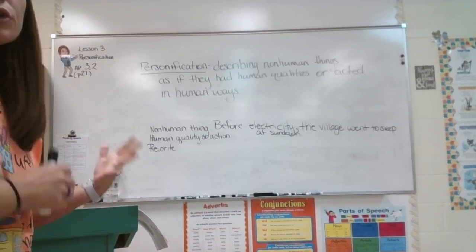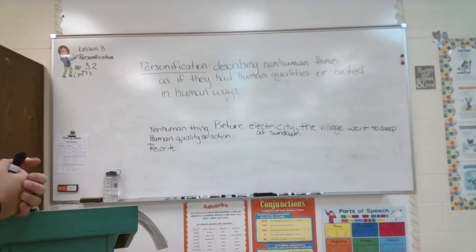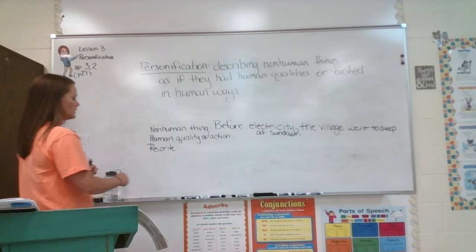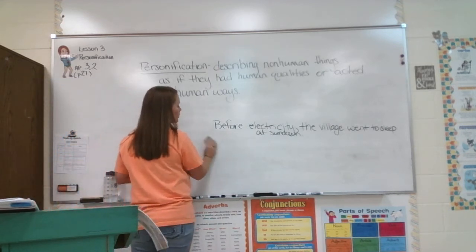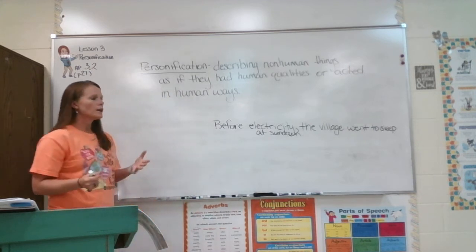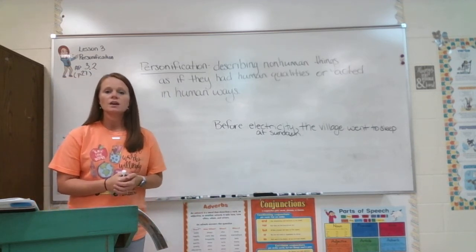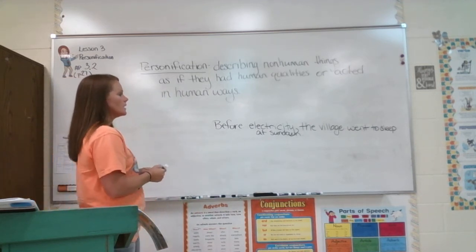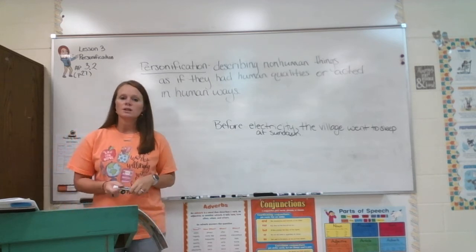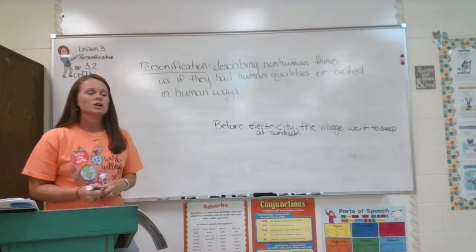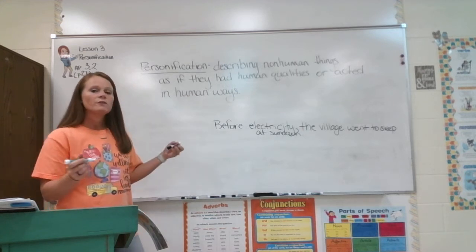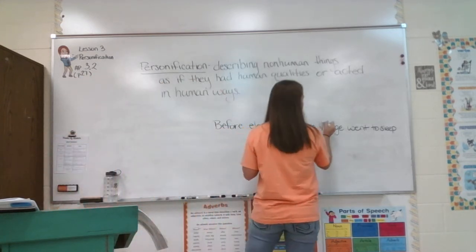Okay, I've added our sentence to the board: before electricity, the village went to sleep at sundown. Now, what we're going to think about here is, what is the non-human thing that's doing something in this sentence? I'm going to work with this one just like we did in our examples on the last video. So if I'm looking at my subject, what's doing something? The village is my subject.